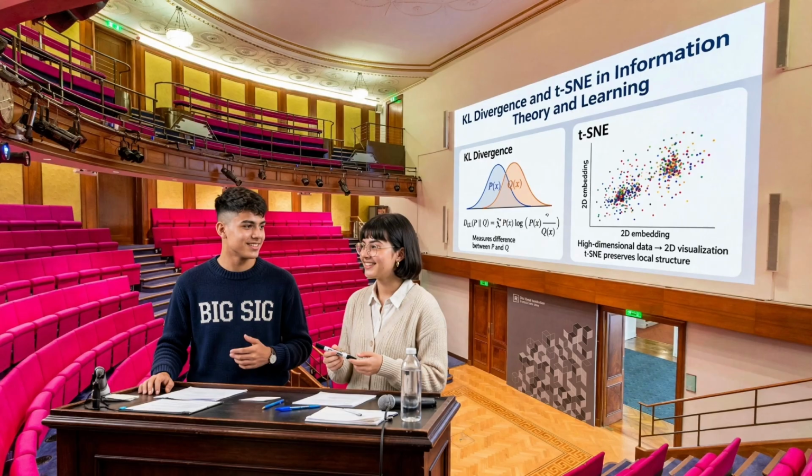If you try to use older classical linear techniques to map this data down to a 2D screen, the results are disastrous. Let's look at the failure state first. If we use PCA, principal component analysis, what does the map look like? PCA is a linear projection. It tries to preserve global variance, essentially rotating the high-dimensional data and shining a light on it to cast a 2D shadow.